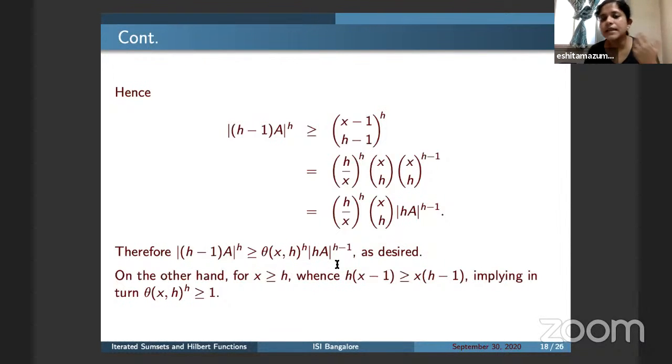And this will basically give us our required result. On the other hand, since X is greater than or equal to H, we can say that this will happen. And that concludes that theta to the power H is greater than or equal to 1. In particular, theta is greater than or equal to 1.